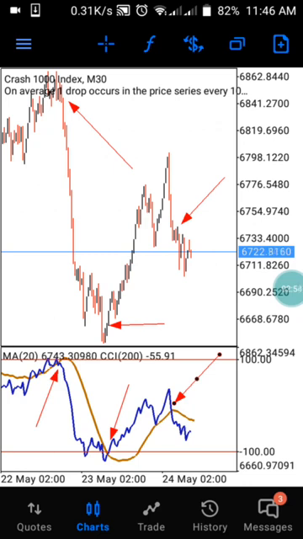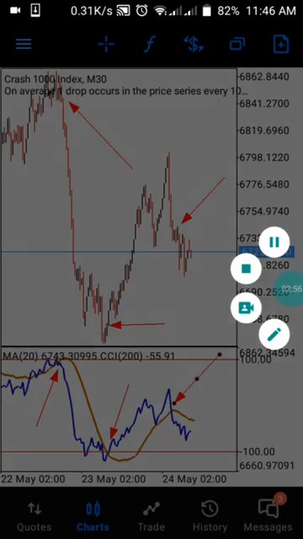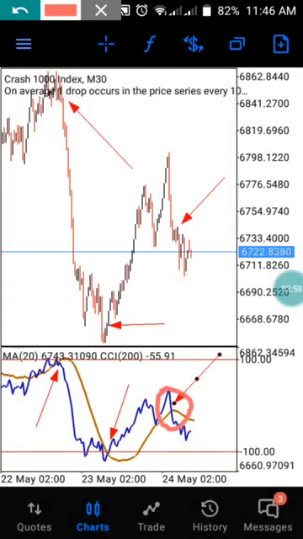We have one accurate time at this level, where the blue crosses the yellow line, and also another level at this area, which indicates that we have an uptrend in the market.